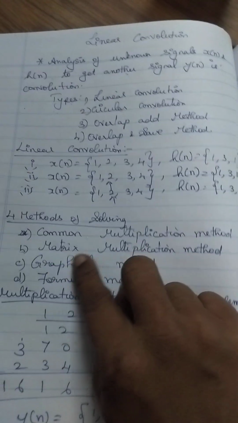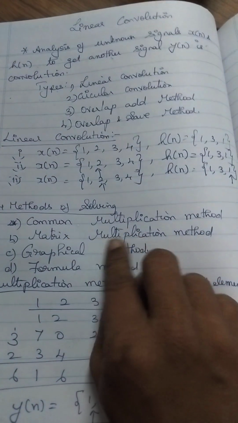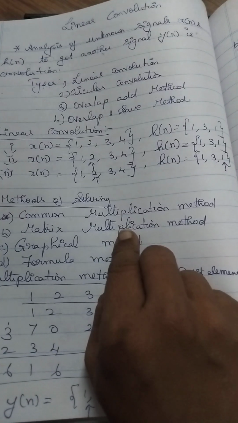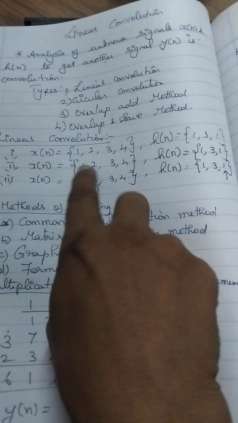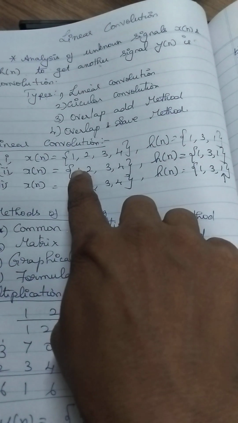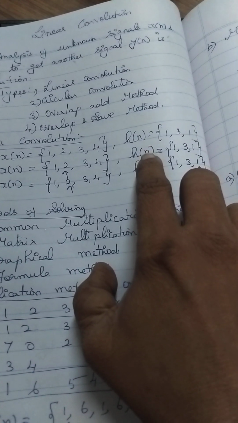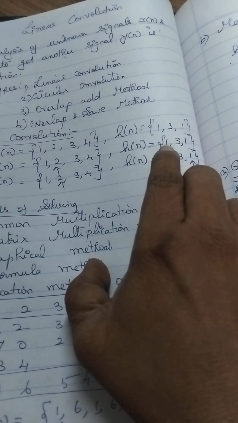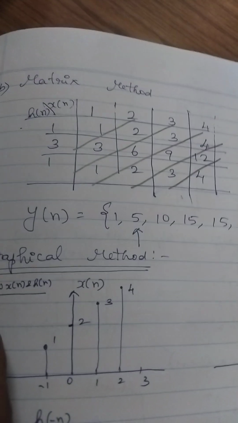So we have to go for the second method called matrix multiplication. Matrix multiplication gives a better answer in case of the second type of problem, where the origin is shifted in x of n, but the origin of h of n is the first element. See, this is the matrix multiplication.